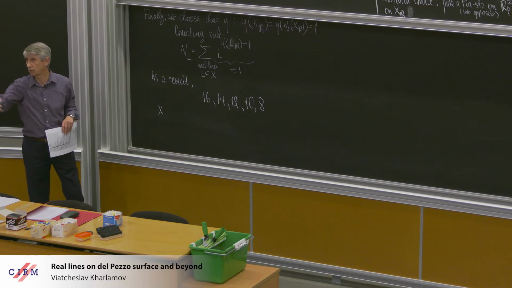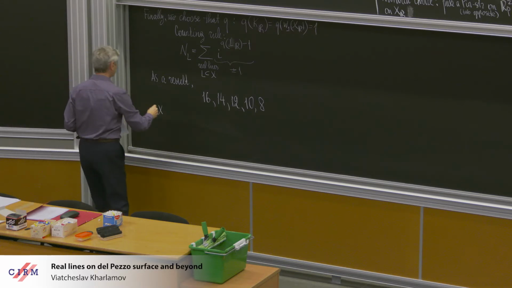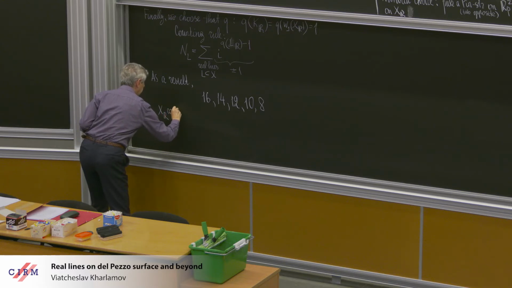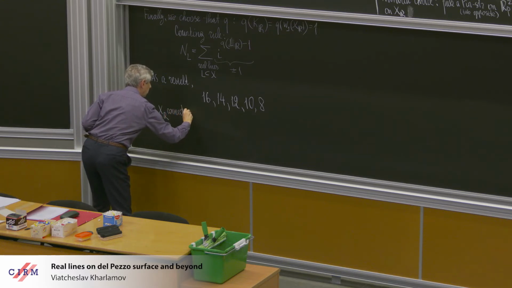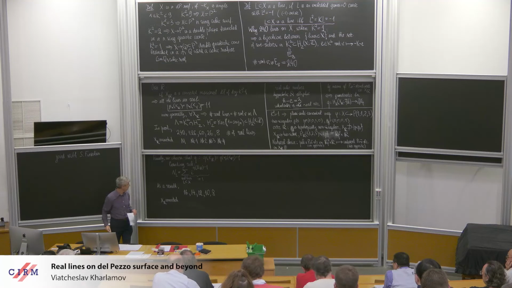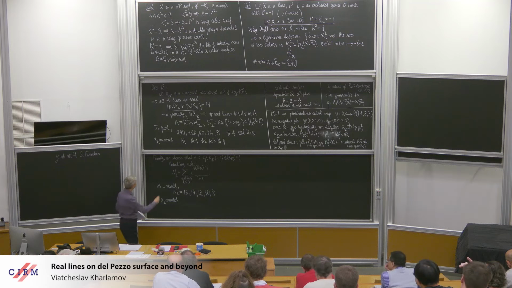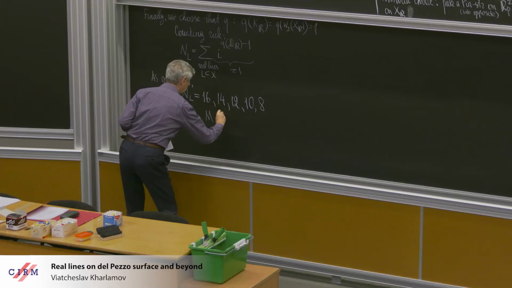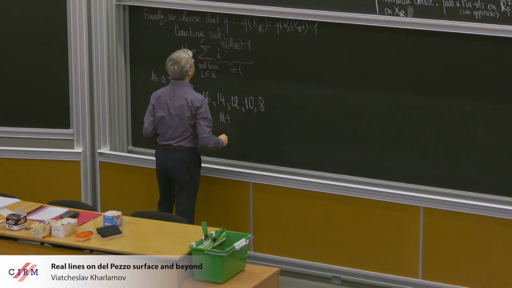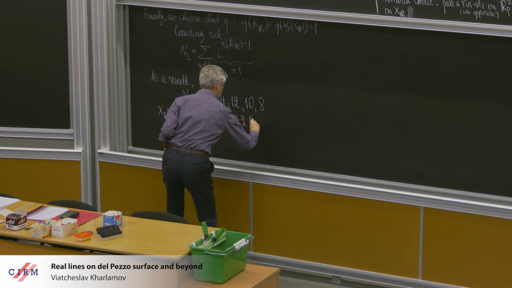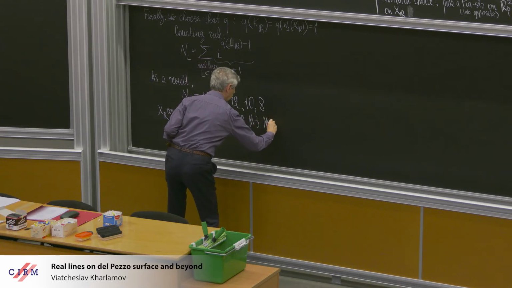I could continue, but I think that this step is enough. So it's for the cases when the real locus is connected. These are the values of N. Yes. So again, m minus 1, m minus 2, m minus 3, m minus 4.